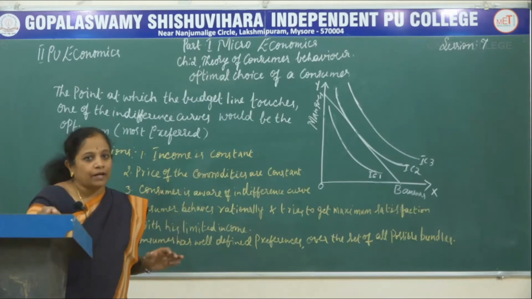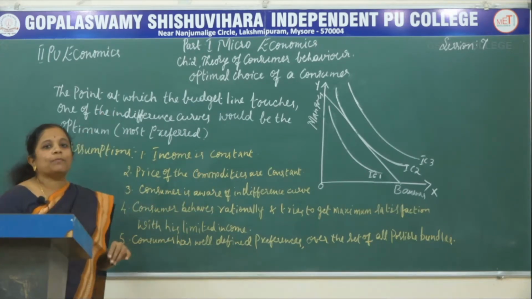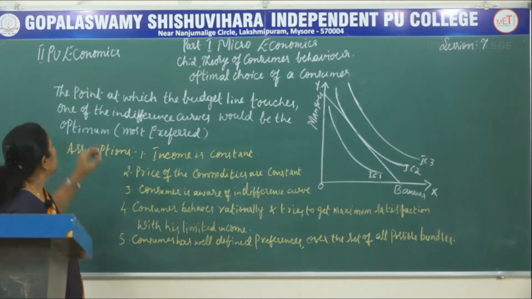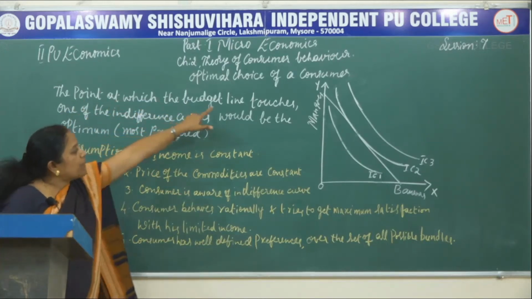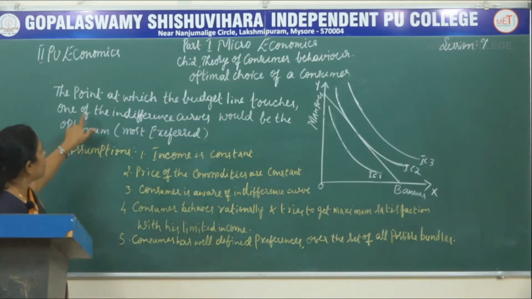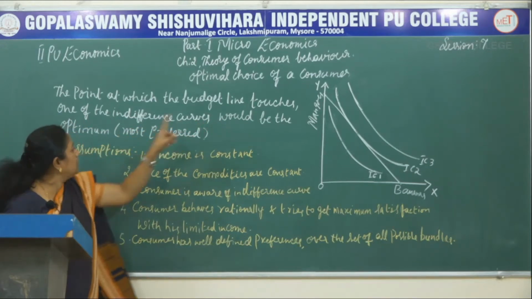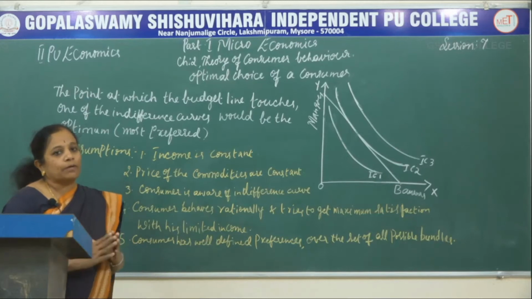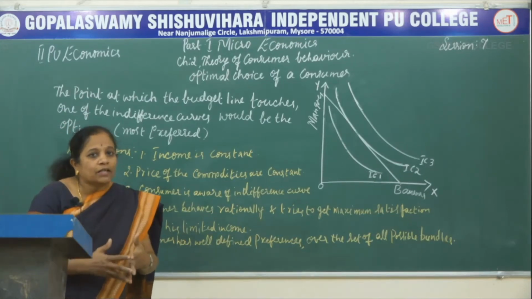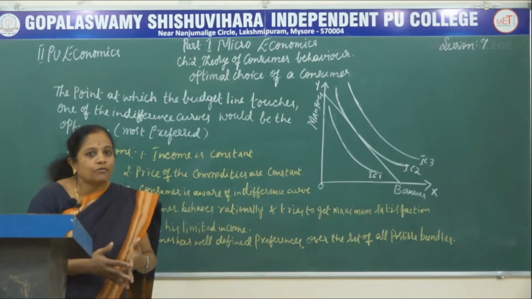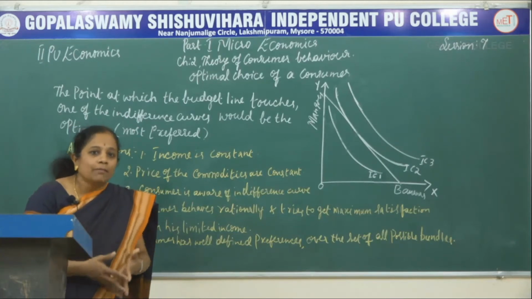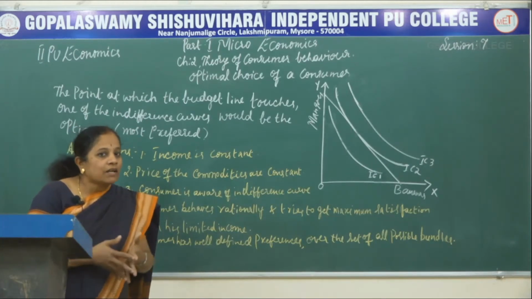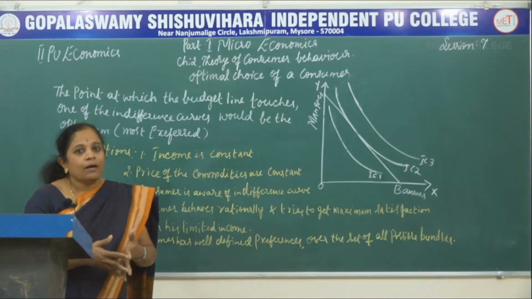The optimum point of a consumer is the point at which the budget line touches one of the indifference curves, that is the maximum level. So, optimum is to prefer the combination of goods available in the market for him at his level of income and with the given prices.